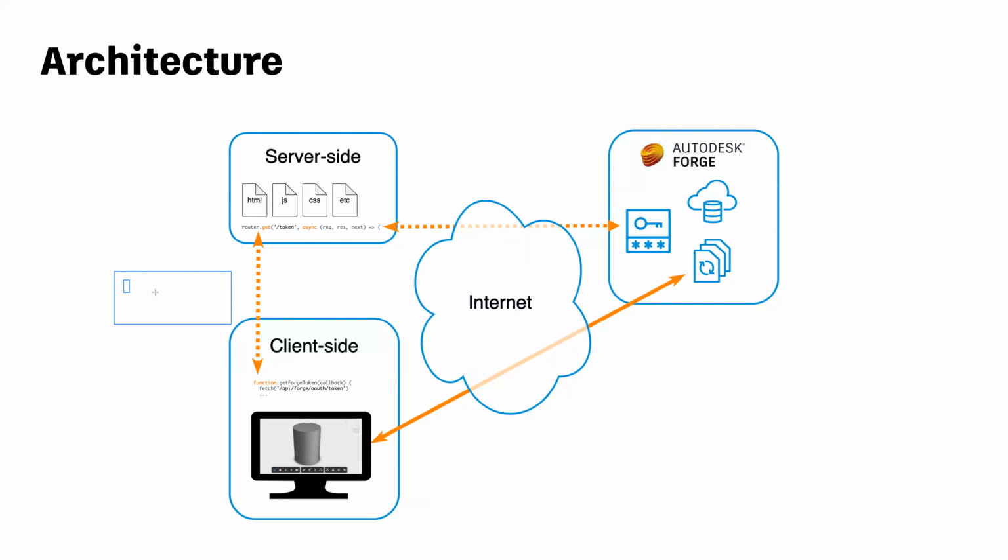You have a box. You have a button. When you click on the button, the button has certain callbacks: what to do when it releases a click event. So what we do is, from the client side, from the HTML, upon listening to the click event, we will be calling an endpoint that the server has exposed.